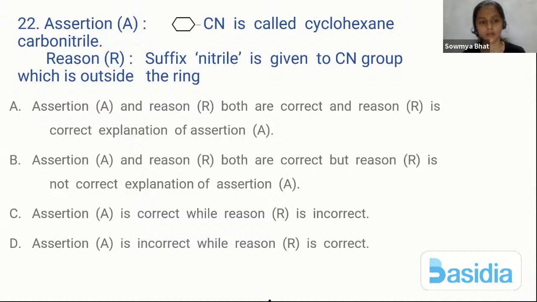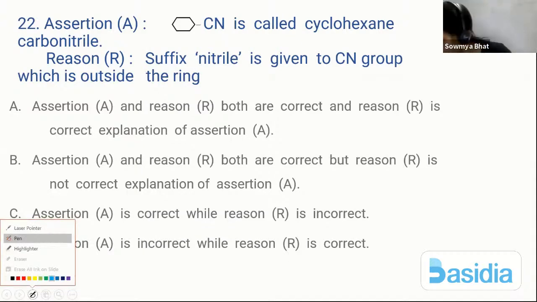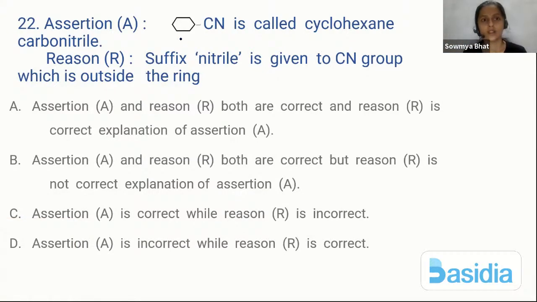So the first one is a compound given, that is this one. So this is a cyclo. So this should be cyclo, and 6 members in the ring. So this should be cyclohexane, and CN is carbonitrile because it is outside the ring.